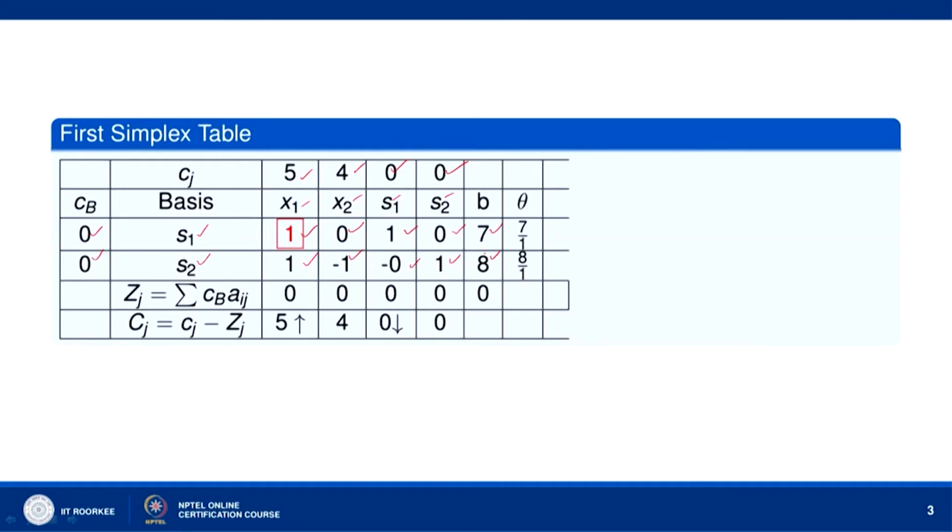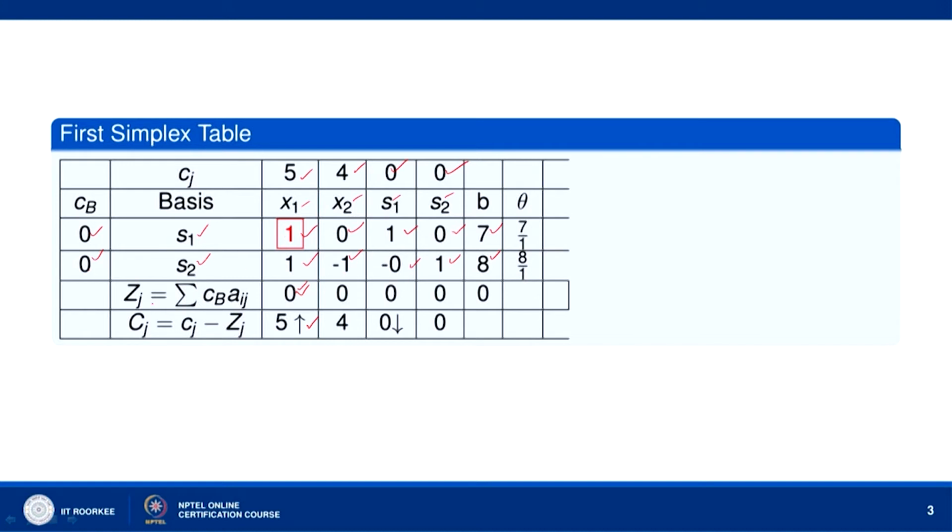Now, let us find the zj value. Zj equal to sigma Cb Aij. So, z1 for the column j equal to 1, we have 0 into 1 plus 0 into 1, that is 0. So, we get 0 here, and then Cj minus zj: 5 minus 0 is 5. Then similarly, 0 into 0 is 0, 0 into minus 1 is 0.